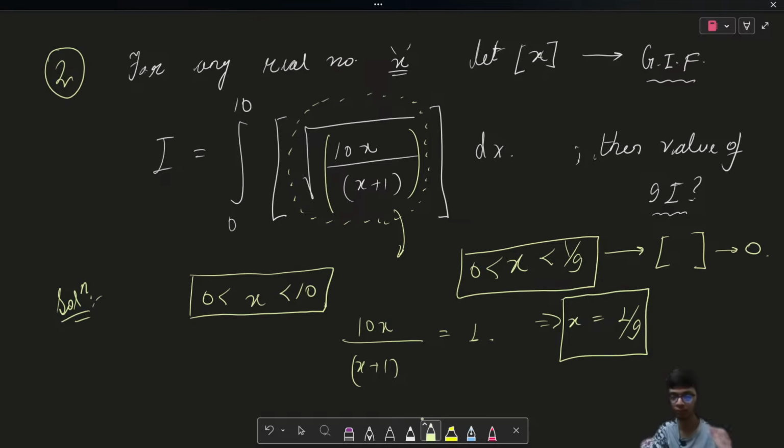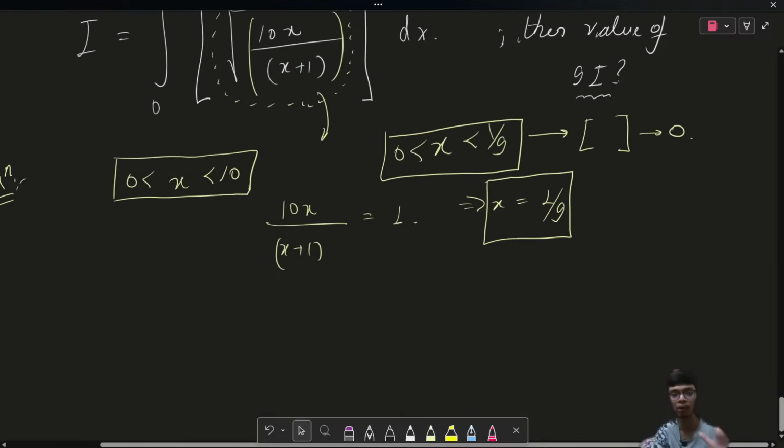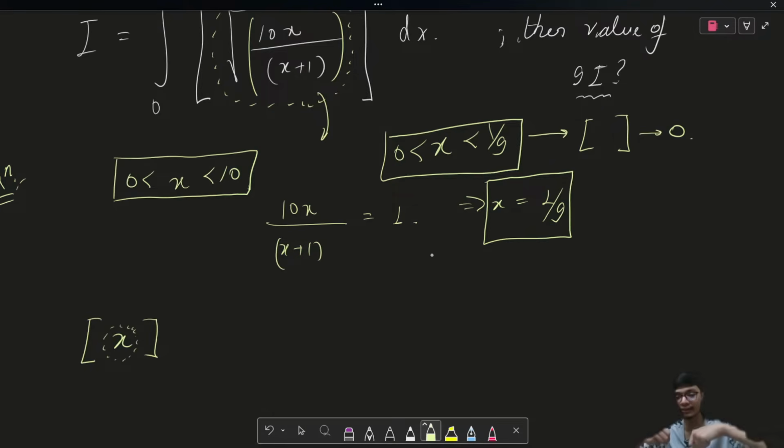A simple approach. Now, this is a very standard approach that we follow everywhere. Whenever we have a greatest integer of anything, we try to see for what values the function sitting inside the greatest integer equals some integer value, and from that we predict in that given range what integer it is, right? I hope this approach is clear to all of you, right?